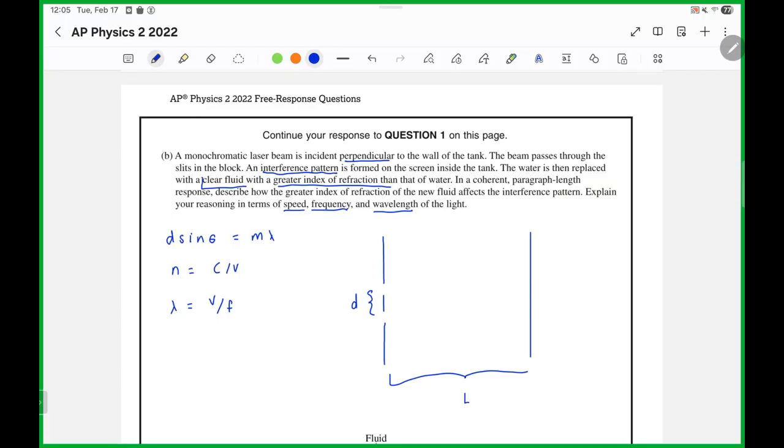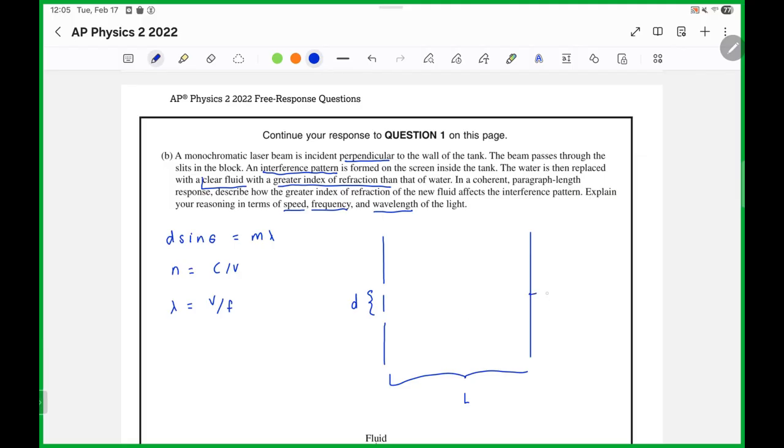And in the current setup, theta describes the angular position of a bright fringe on our screen, where the angle is measured from the center of the slits, theta equals 0 being at the midpoint between the slits. And so this is the only form of double slit interference equation that you have on your equation sheet. But of course, we can very quickly simplify this if you remember your small angle approximation.